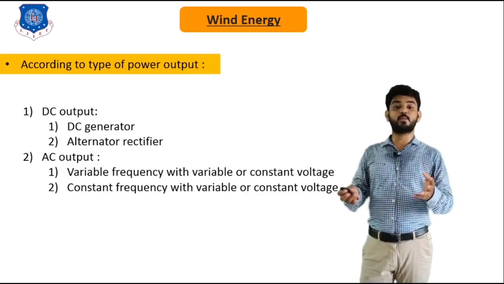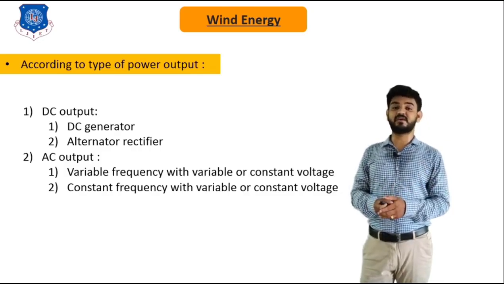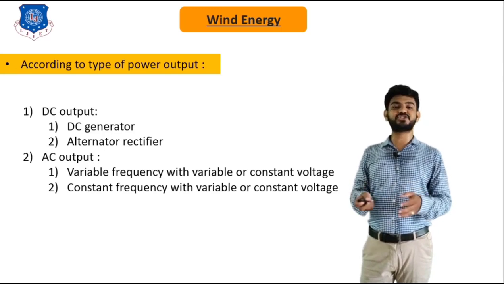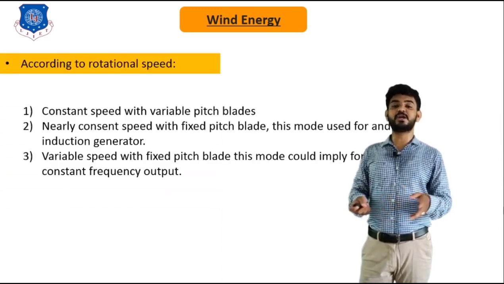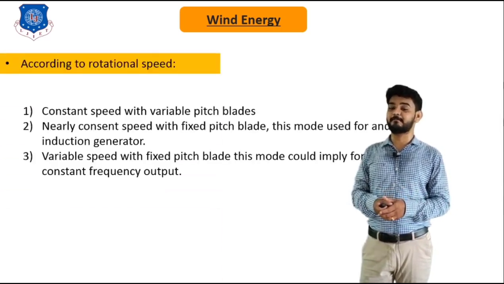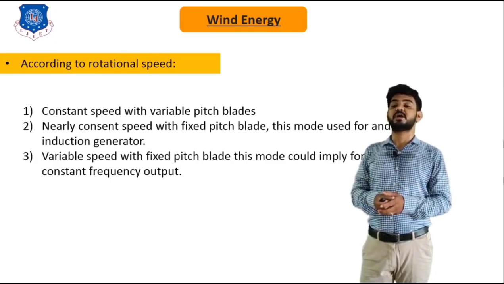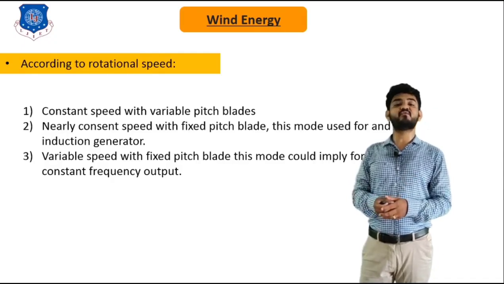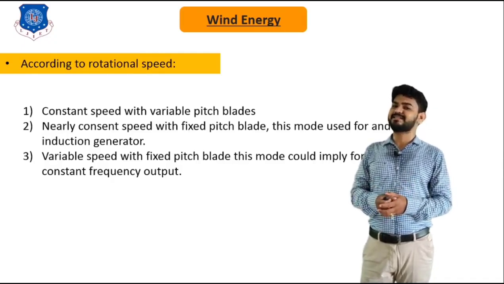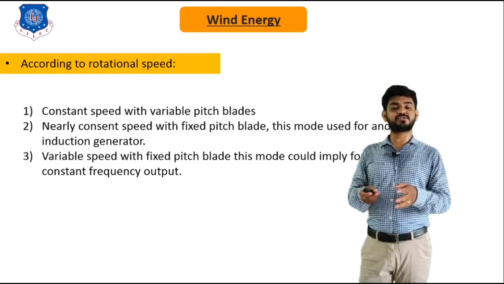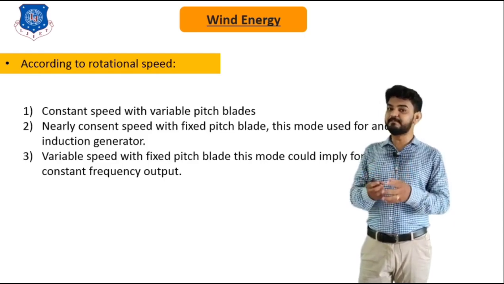Now let's move to the next type of classification, and that is based on the rotational speed of wind energy conversion system. We can classify it in three categories. First is constant speed with variable pitch blade. The second one is nearly constant speed with fixed pitch blade.